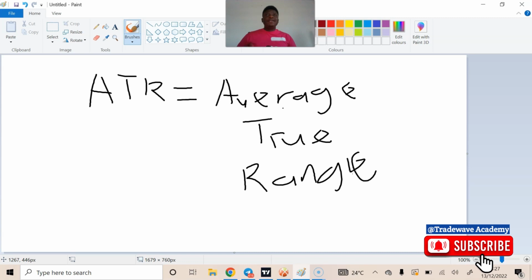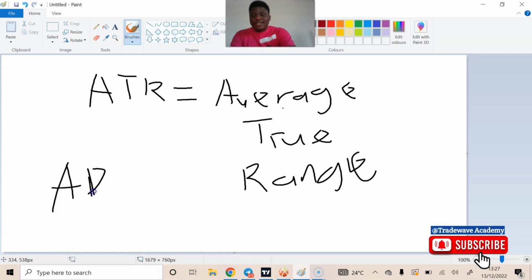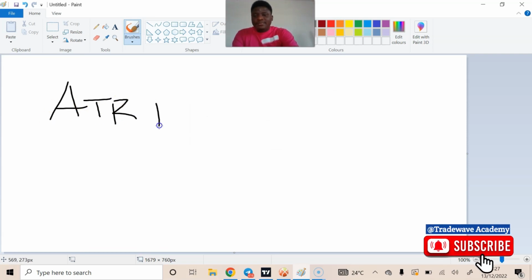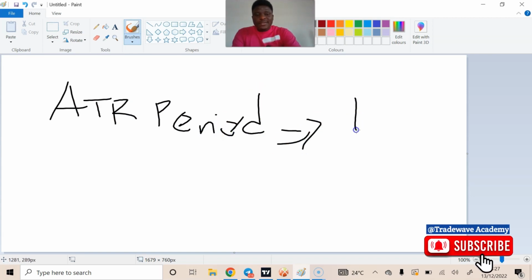For instance, the average range has a period. Let me use this clean sheet for this since we've already established the meaning. You can put the ATR period as, let's say, ATR period equal to 10.